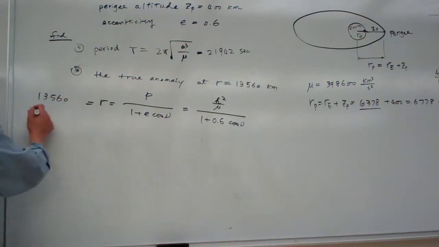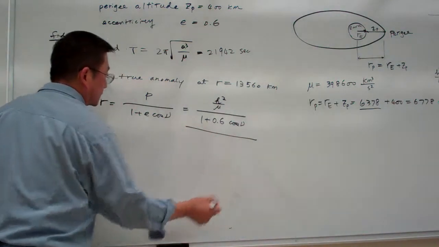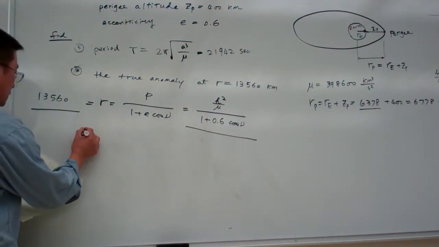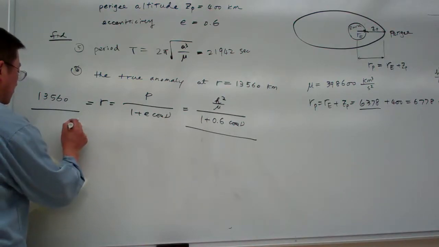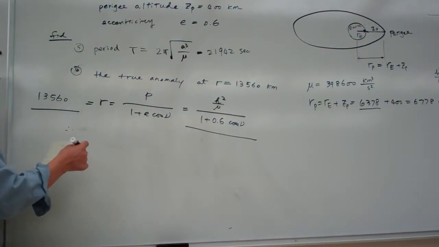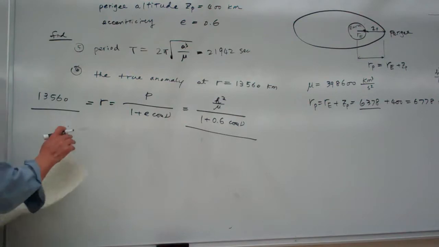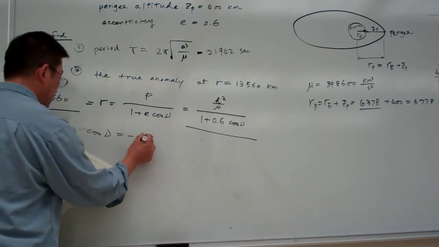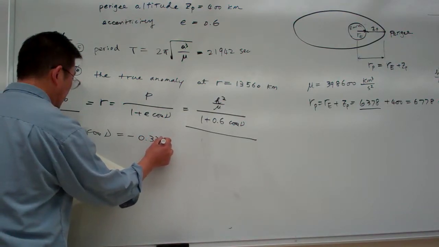So we simply solve the two equations. Then we know the h, we know the nu. Therefore here we can solve for nu. Cosine nu equal to minus 0.3337.